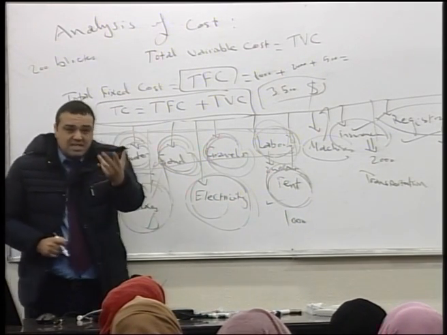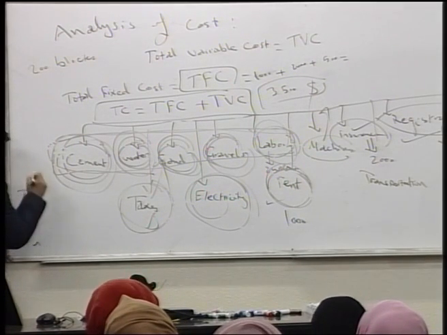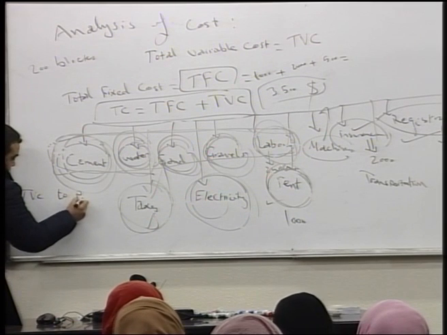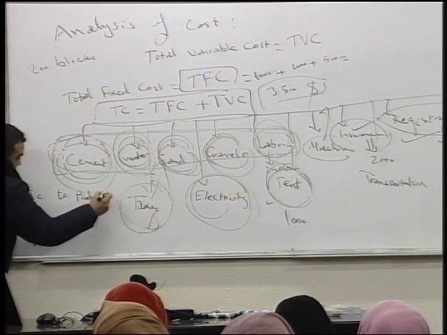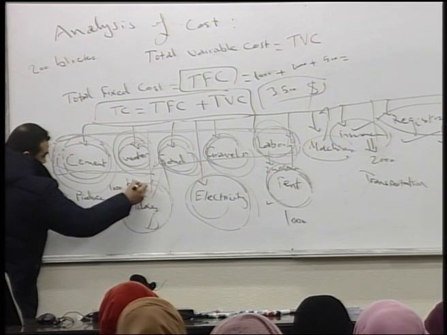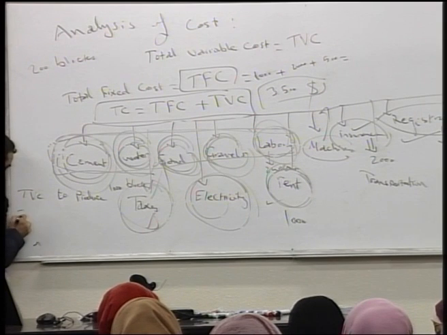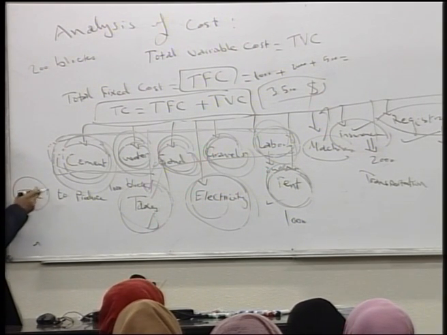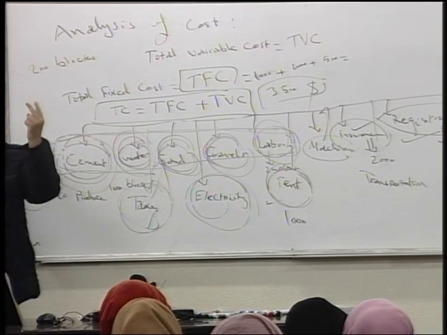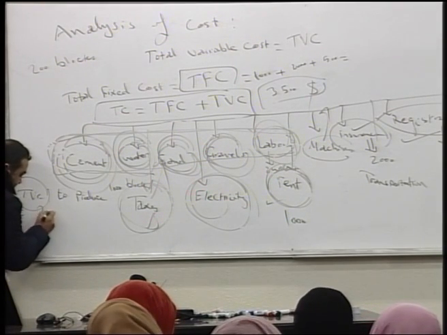So let us assume that the total variable cost, TVC, to produce 1,000 blocks equals $2,000.